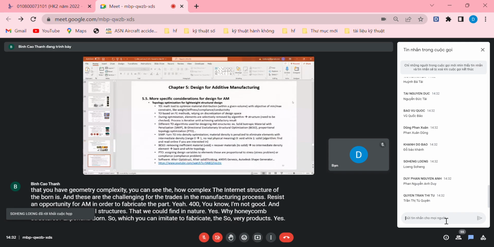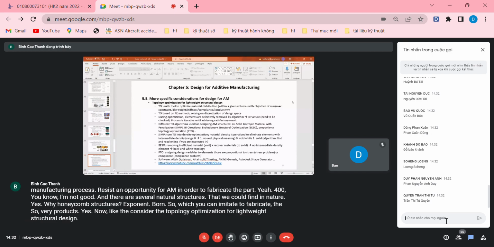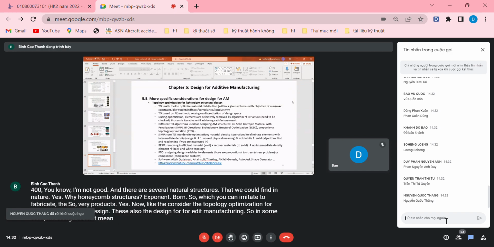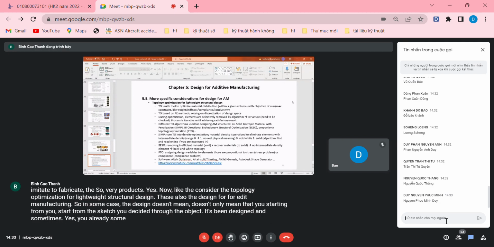And now I would like to consider the topology optimization for lightweight structure design. This is also the design for additive manufacturing. So in some cases, design doesn't only mean that you start from the sketch and design a 3D object. Sometimes you already have some kind of original design.